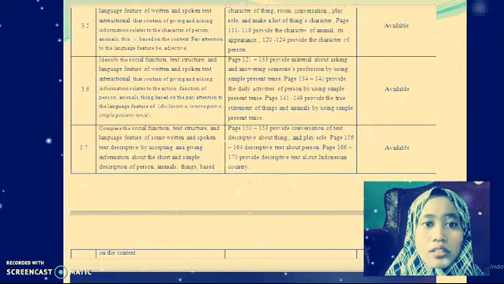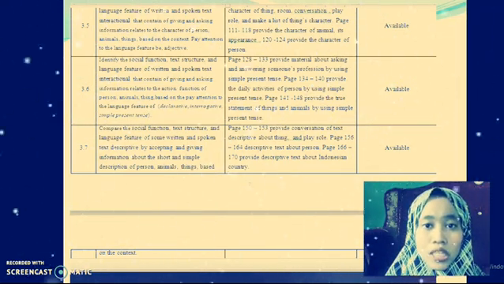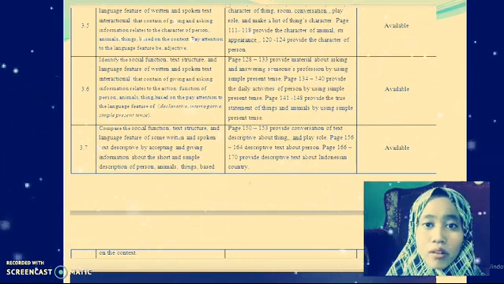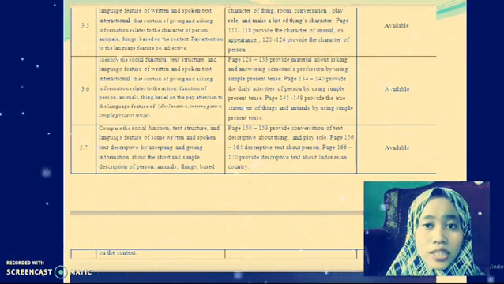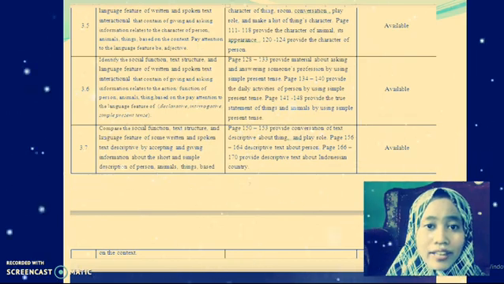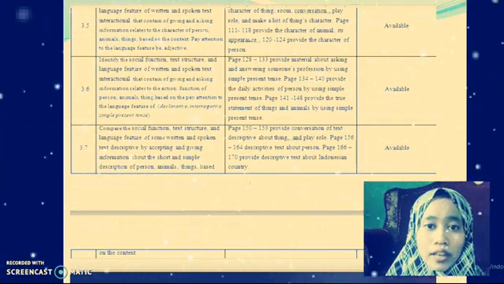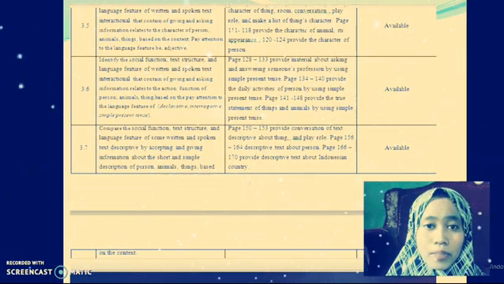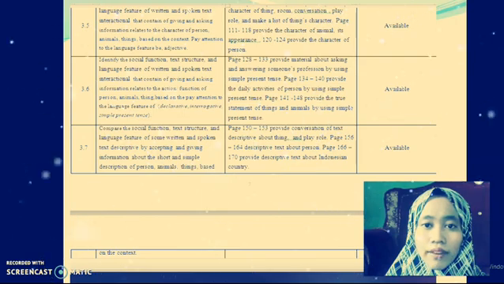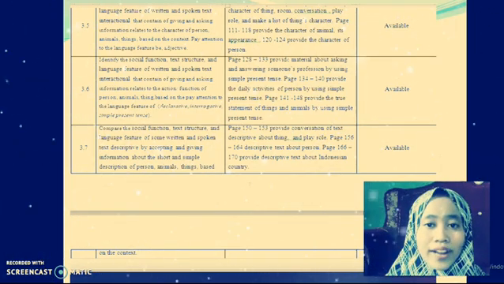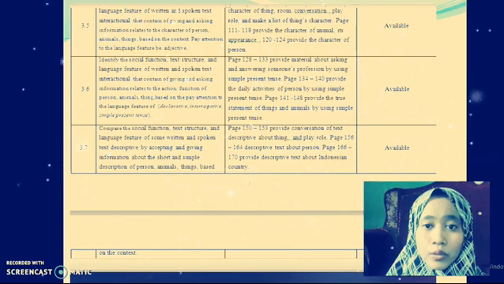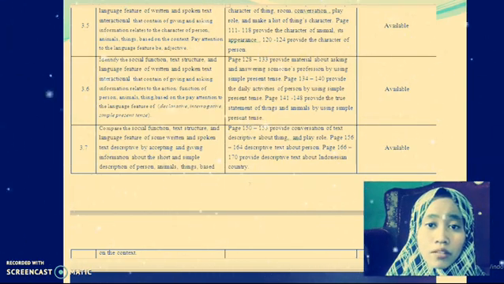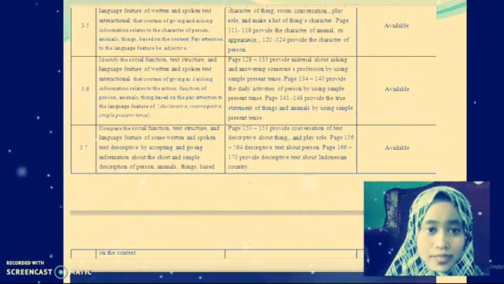It is available with the textbook because the textbook also provides character of thing, room, conversation, role play, and making a list of things' character at pages 111 until 118. The textbook provides the character of animal, its appearance, and on pages 120 until 124, the textbook provides the character of person.